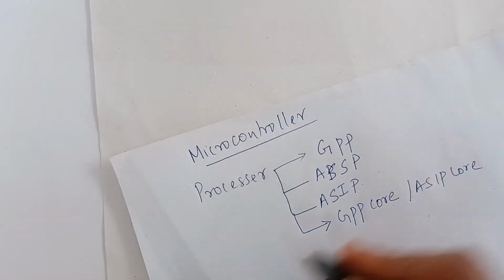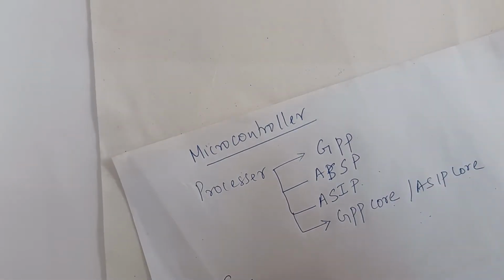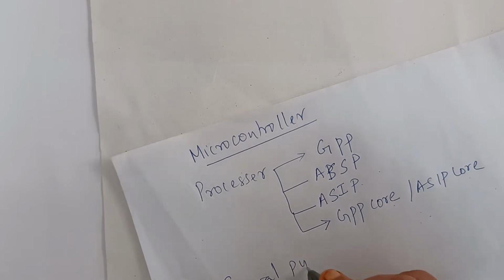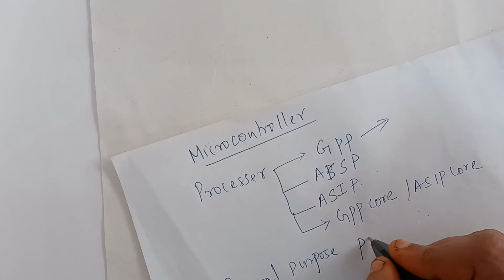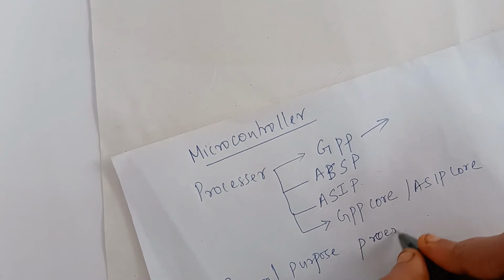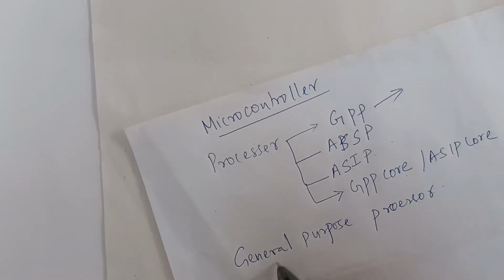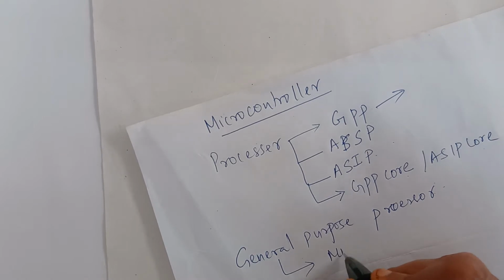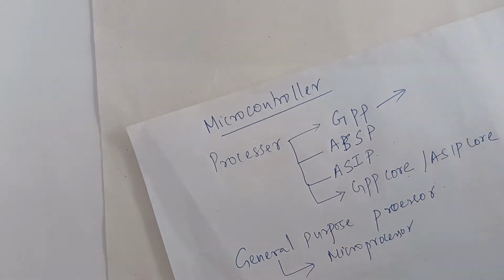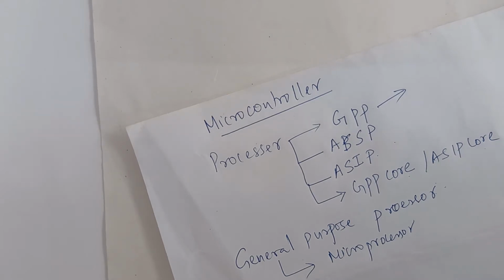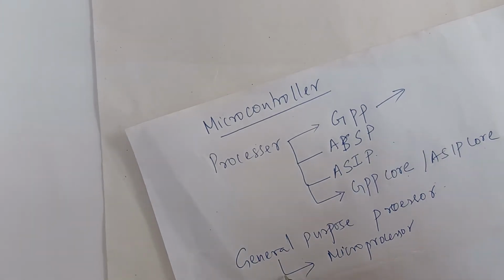Now let us see about the general purpose processor, written here as GPP. In the general purpose processor we have our microprocessor, which is a single VLSI chip with CPU, and there is no ROM, RAM or input output on the chip.